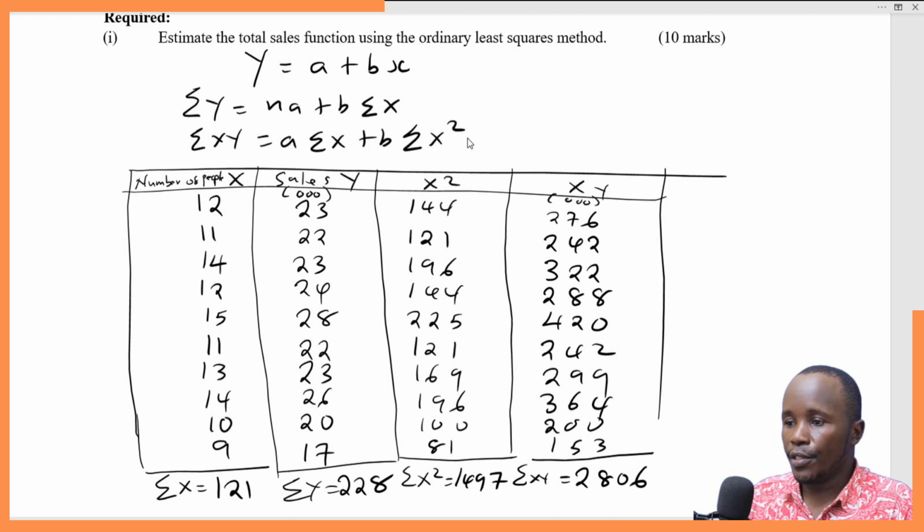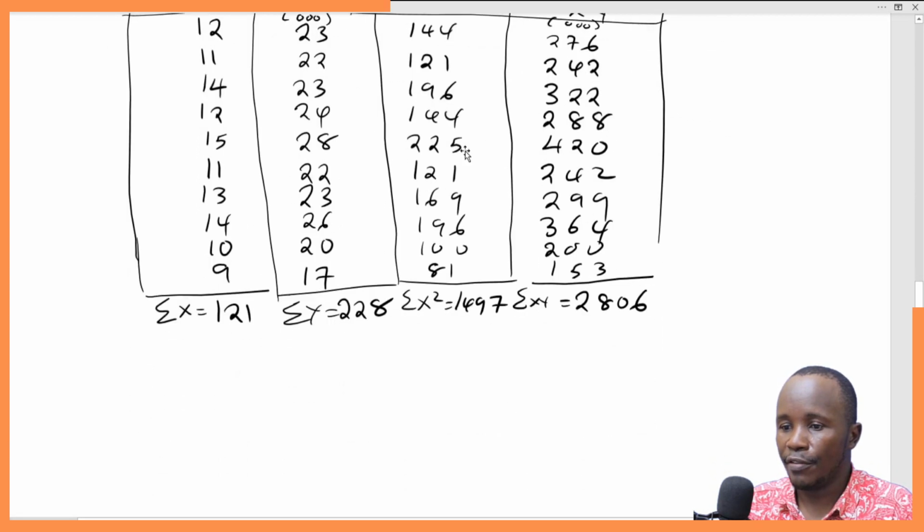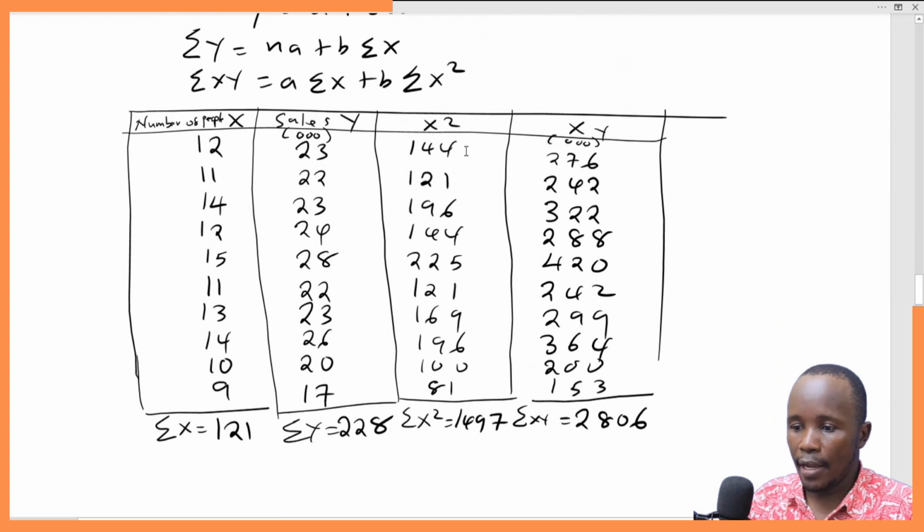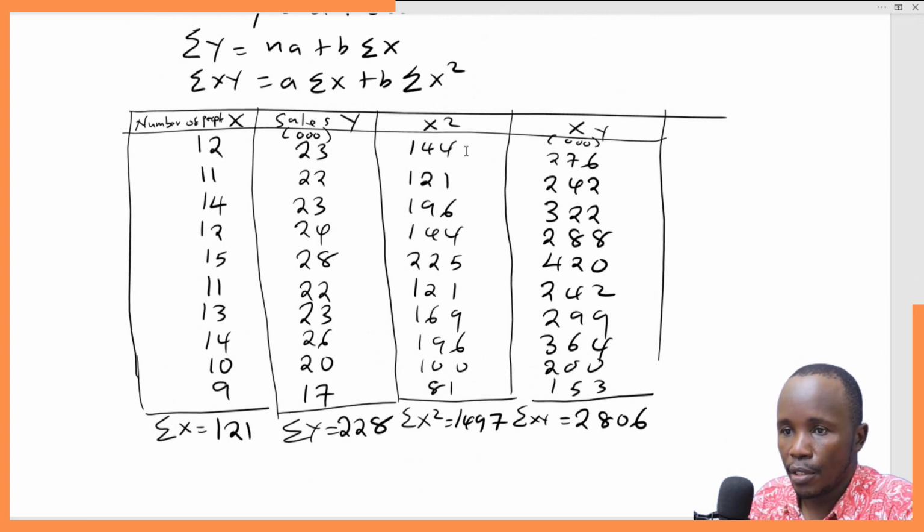Having obtained this, I need to go back to my formula and substitute. Summation of y, 228, is equal to, how many items are these? They are 10.